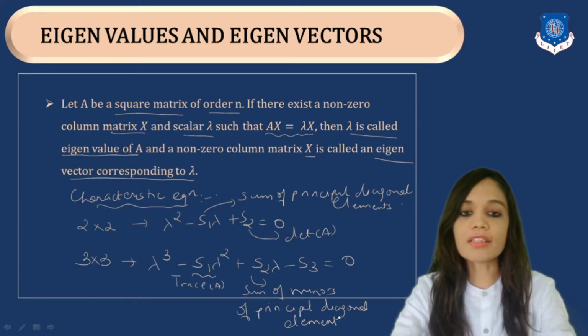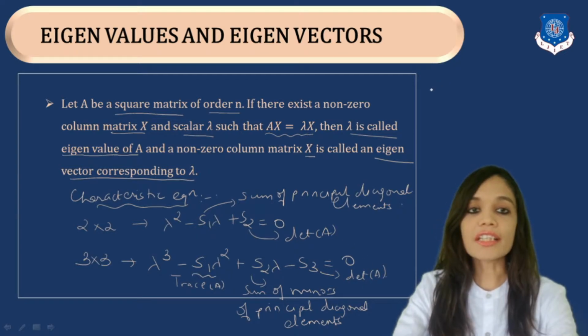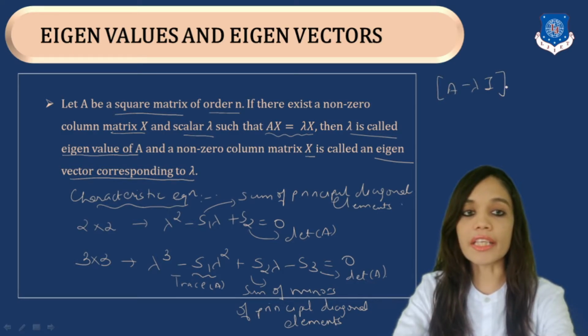And our S3 is what? Determinant of A. Okay? And the equation to find our eigenvectors is (A minus lambda I)X equals 0. So using this equation, we will find our eigenvectors.